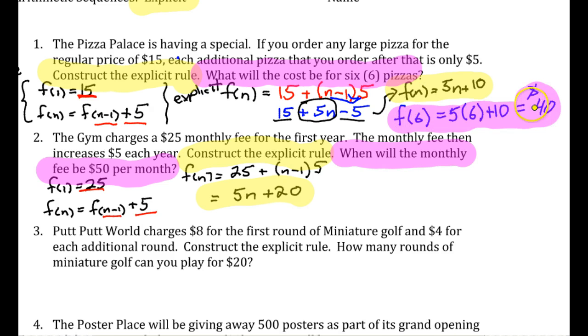Okay, so there's the work for that second question. Same thing here, but this time they give you how much it costs, which means we're not plugging in 50. This will equal 50. So one thing you're going to have to decide from problem to problem is, should you be plugging in that number, or should you be setting it equal to that number?